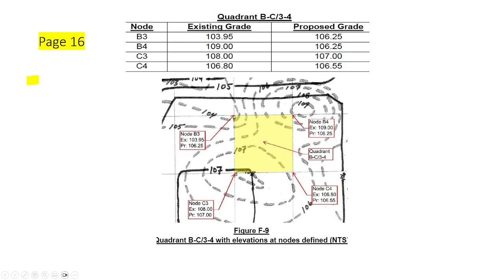Proposed right here, they have 106.25. I can live with that, because halfway is between 106, that's 106. You follow it around over here, you'll see halfway between 106 and 107. This proposed, that's an existing 107.